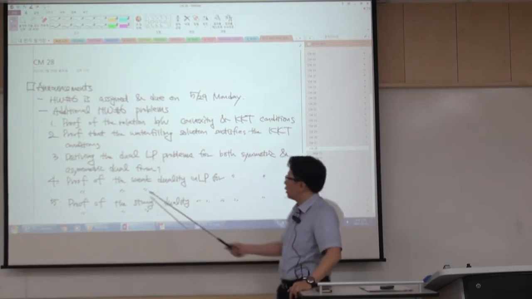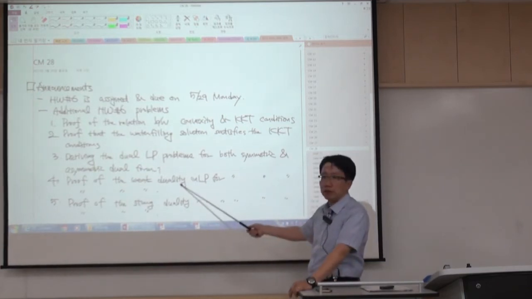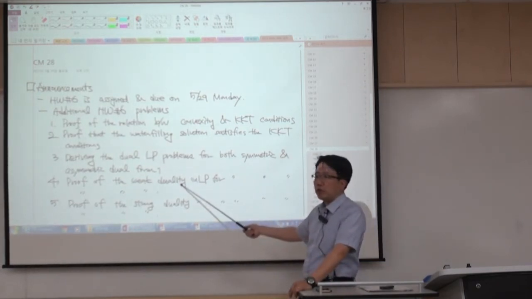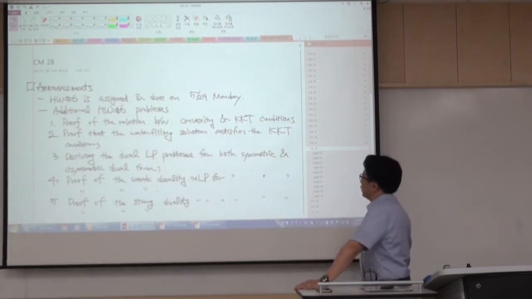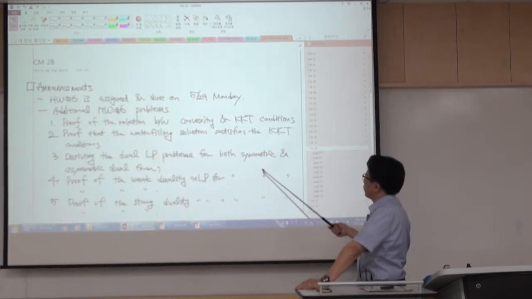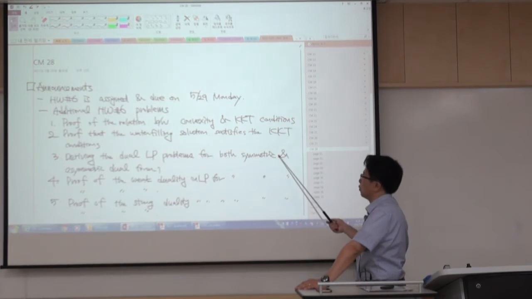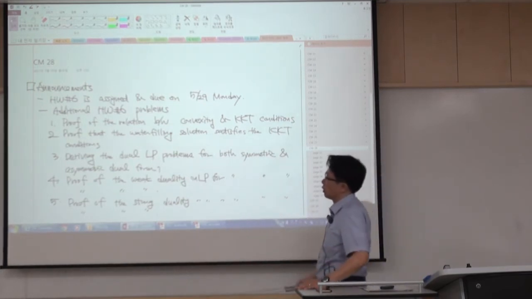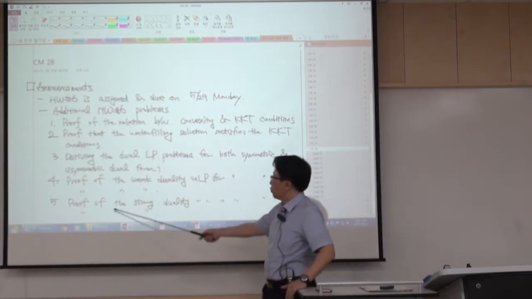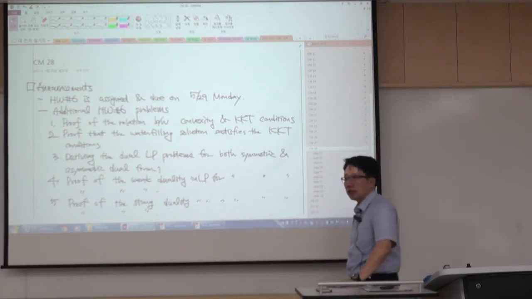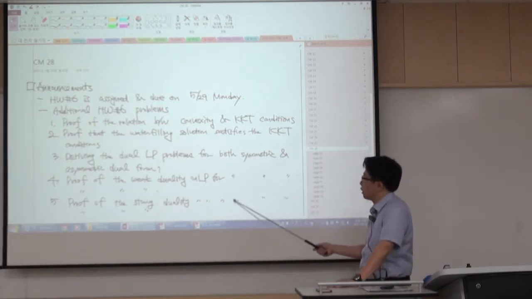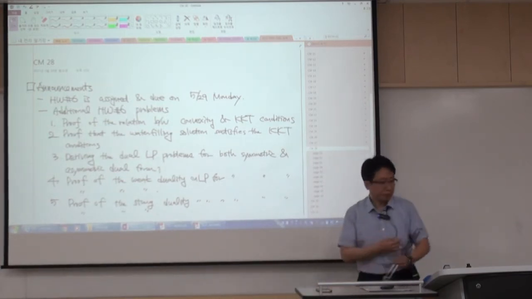You can find the proof from the textbook for the symmetric form. You also need to do it for the asymmetric form. Got it? And also, you prove the strong duality, both for symmetric and asymmetric dual form.